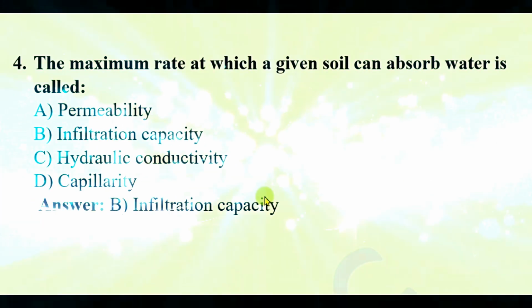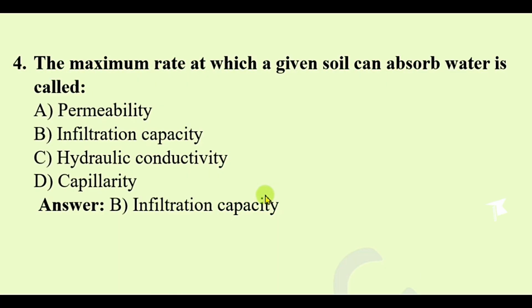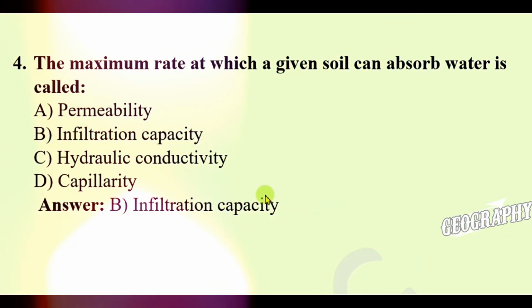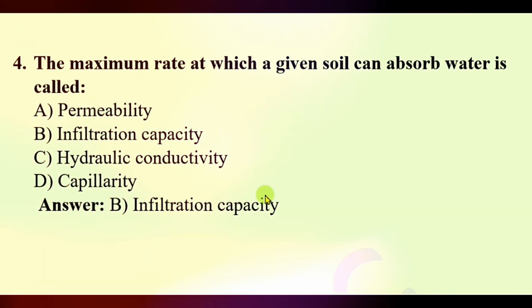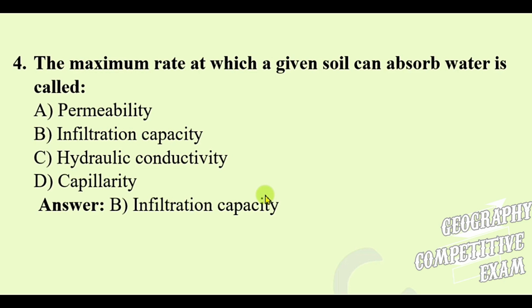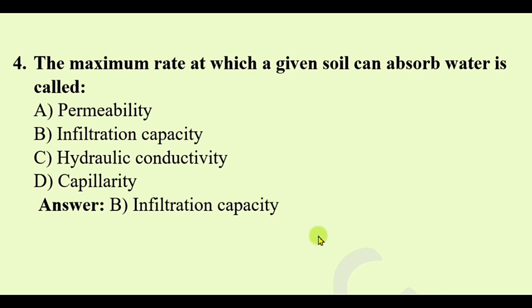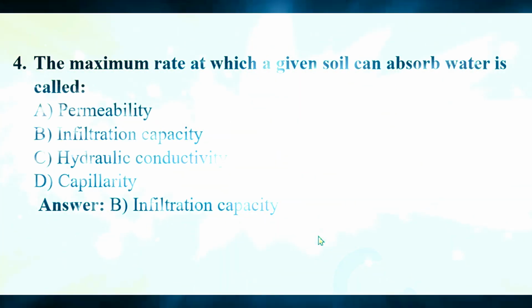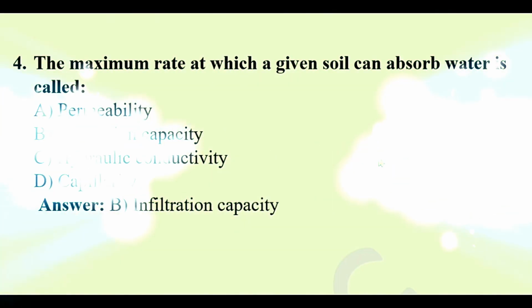Question number 4. The maximum rate at which a given soil can absorb water is called permeability, infiltration capacity, hydraulic conductivity, capillarity. Here the right answer will be infiltration capacity, meaning how quickly a soil can absorb water.